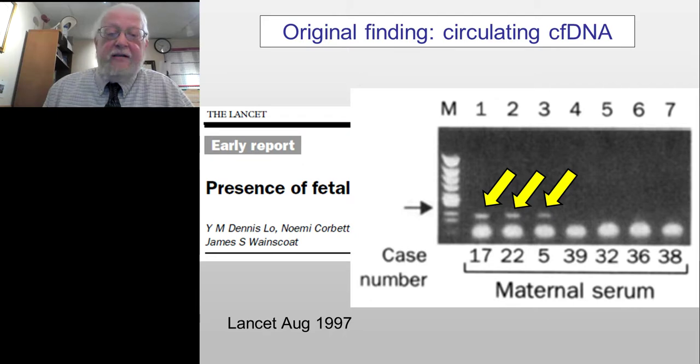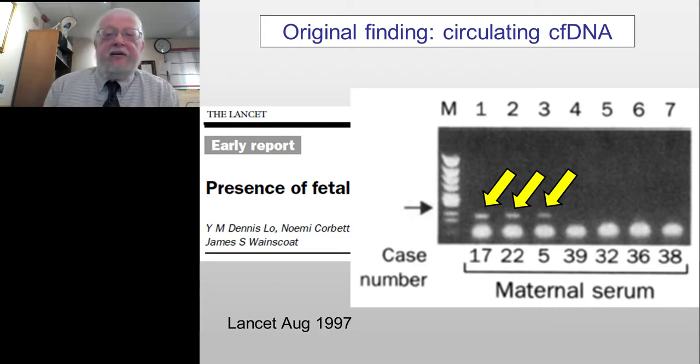They didn't, and he made the link that if there's Y material circulating in a pregnant female, then the fetus must be male. Of course, those 3 delivered a male and the other 4 delivered a female. So this showed that there was circulating fetal placental DNA in the maternal circulation. But there was not much you could do with this except perhaps determine the fetal sex until there was more work done in next generation sequencing.